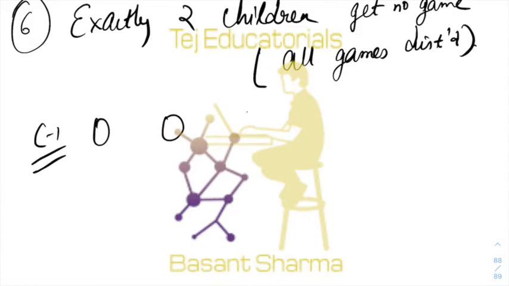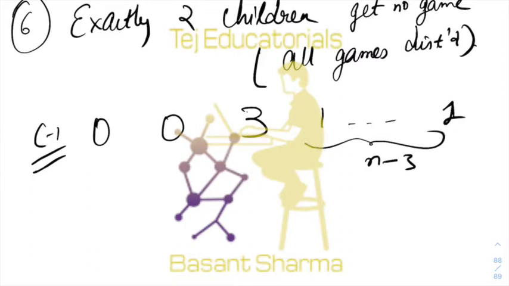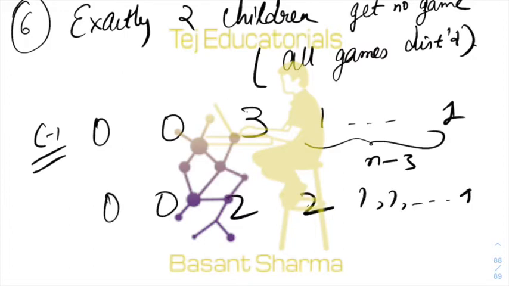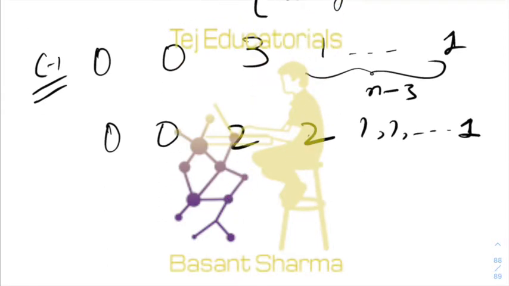Then one child will be there who will get 3 games, and remaining n minus 3 children will get 1 game each. Or it can happen that 0 0, 2 2, 1 1 1 1. So answer would be case 1 plus case 2.